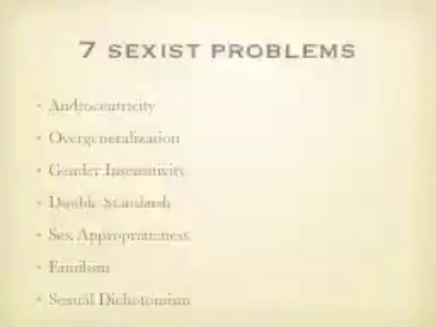And lastly, we'll talk about social dichotomism, and this is where we may describe the different sexes as biologically distinct groups, rather than two groups that have many overlapping characteristics. There are definitely some differences between the sexes, but we need to be mindful of how we treat those differences. When those differences exist, are they biological in nature, or are these, again, social constructs?